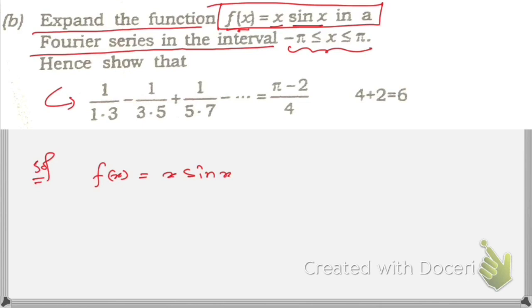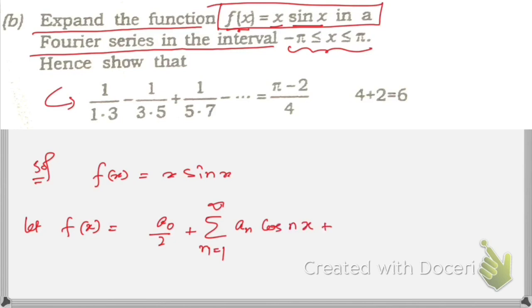Let its Fourier expansion be a naught by 2 plus summation n equal to 1 to infinity an cos n x plus summation n equal to 1 to infinity bn sin n x, right? This is suppose equation number 1.